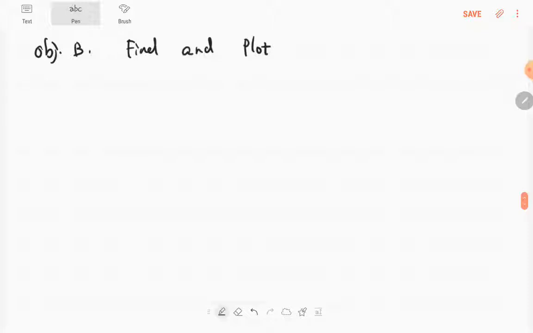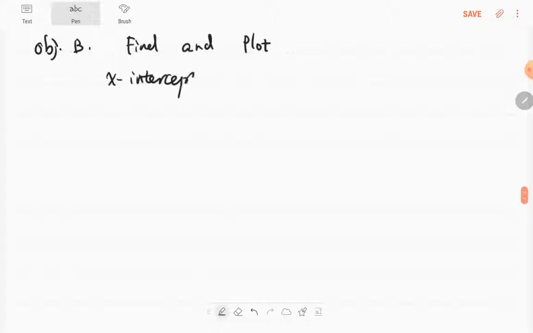Basically, we only need to use this rule to find the intercepts, because by the definition, we already know that for any x-intercept, it should be (a, 0), which means y is always 0.